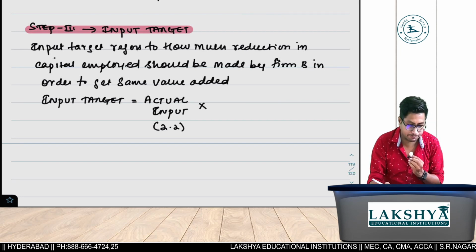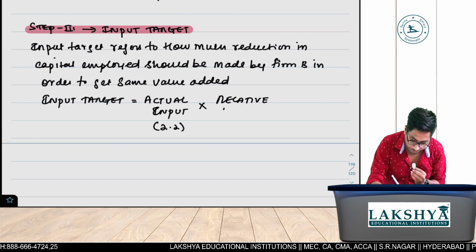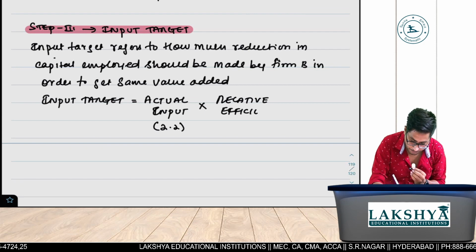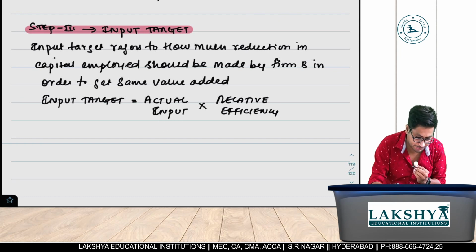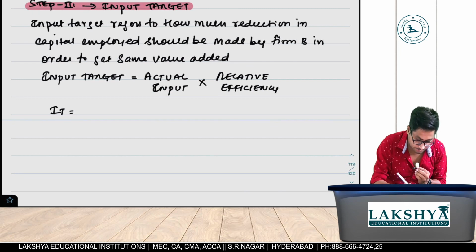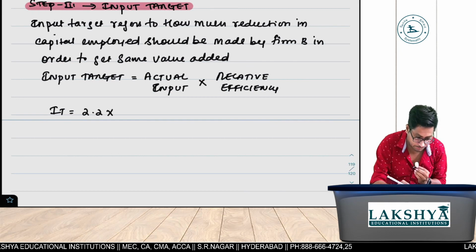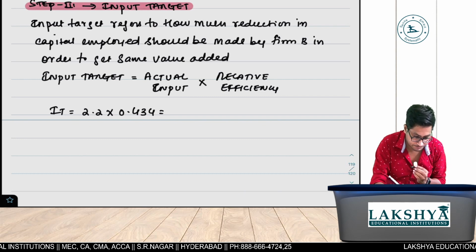Multiply it with relative efficiency. How much is the relative efficiency? 43.4. So input target is equal to 2.2 into 0.434. How much is that?